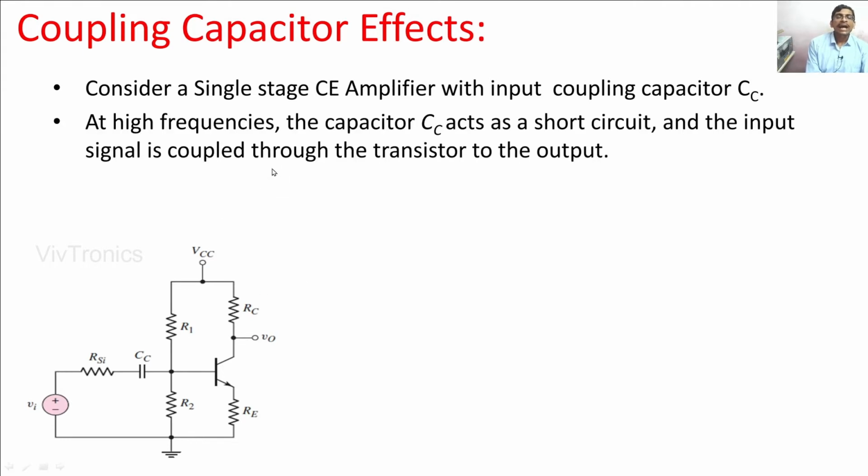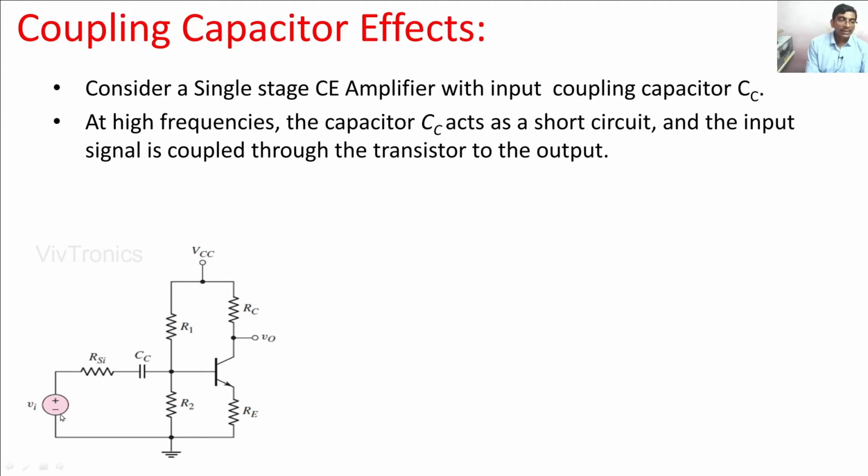Next, at high frequencies, the capacitor CC acts as a short circuit and the input signal will be coupled through the transistor to the output. At high frequencies, the impedance of this coupling capacitor is very low, so the capacitor CC acts as a short circuit which passes the Vi signal to the input of the transistor.